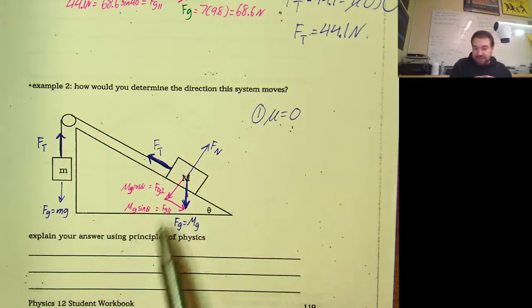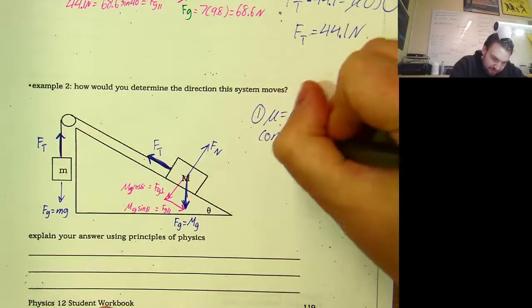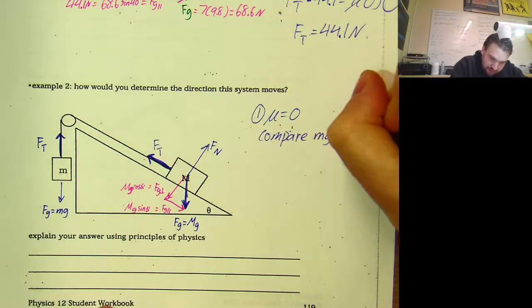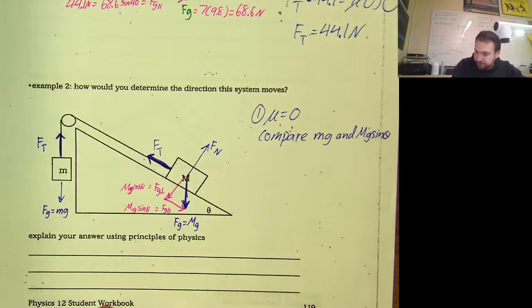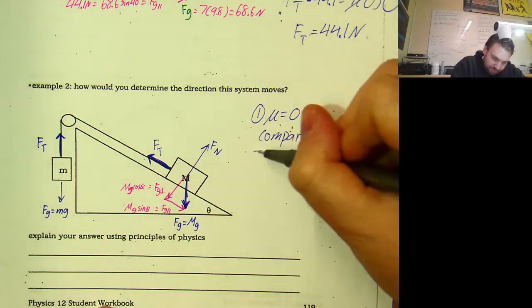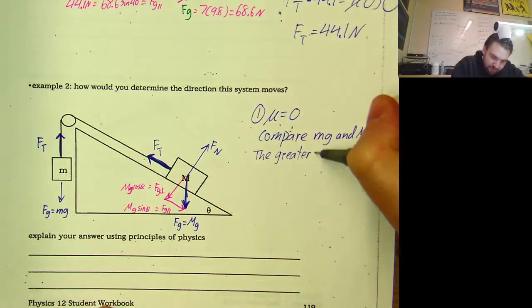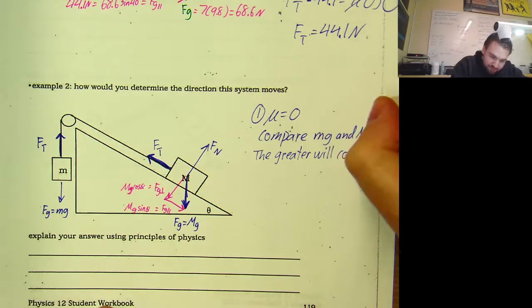So what we're going to have to consider in this case is a comparison: we're going to compare little mg and big Mg sine theta. The greater will control direction of motion.